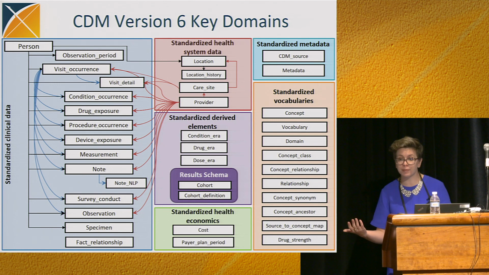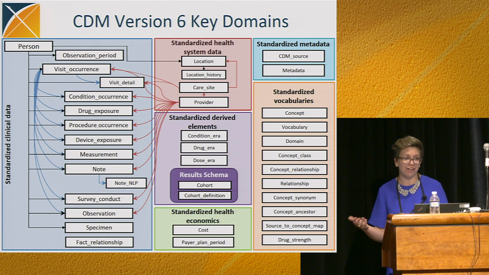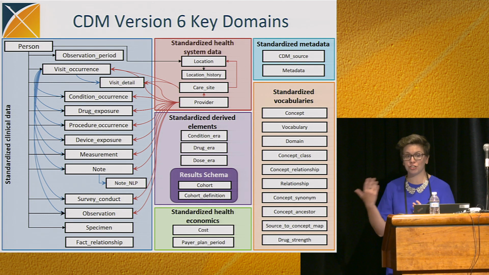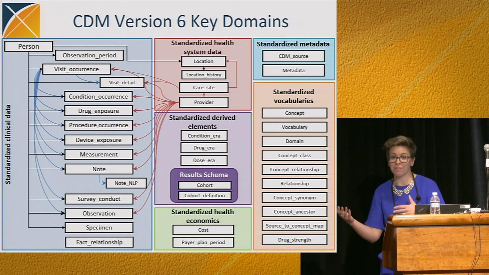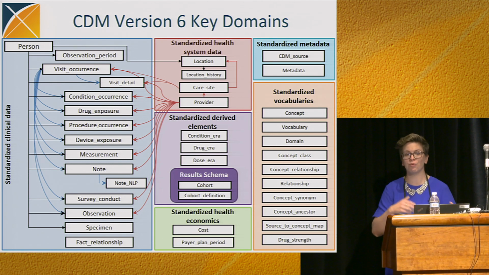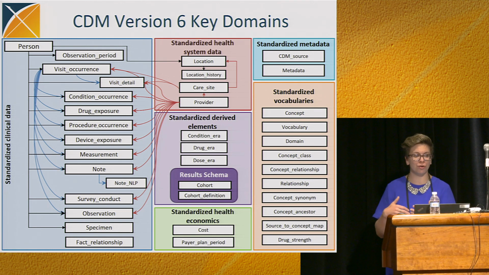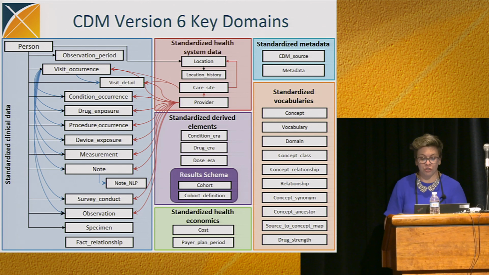So if you know your hospital names and where they're located, or maybe you know something about the provider other than their NPI number, maybe you know their name and their gender and where they're located, these are the tables you'd store that information. And in this case, one provider may have multiple patients, and so we want to deduplicate that. We don't need to store Dr. Reich 100 times.